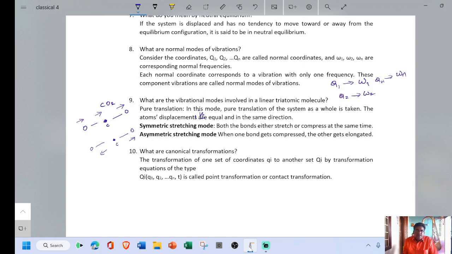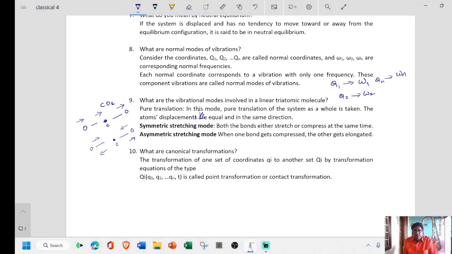If compression is taking place, both the oxygen atoms are moving towards the central carbon at the same instant of time. That is called a symmetric stretching mode.